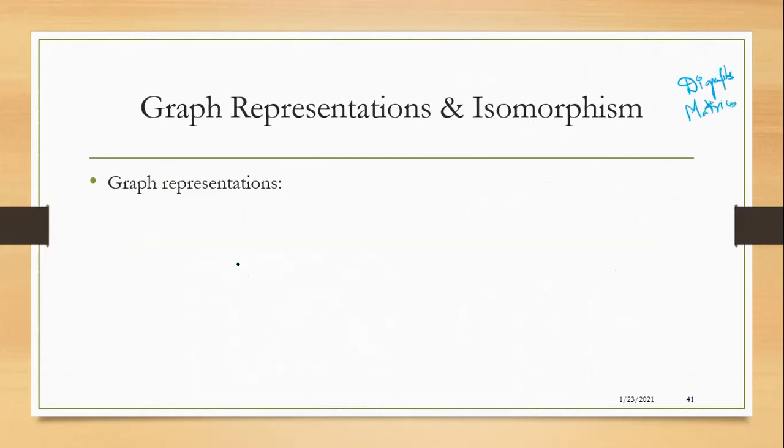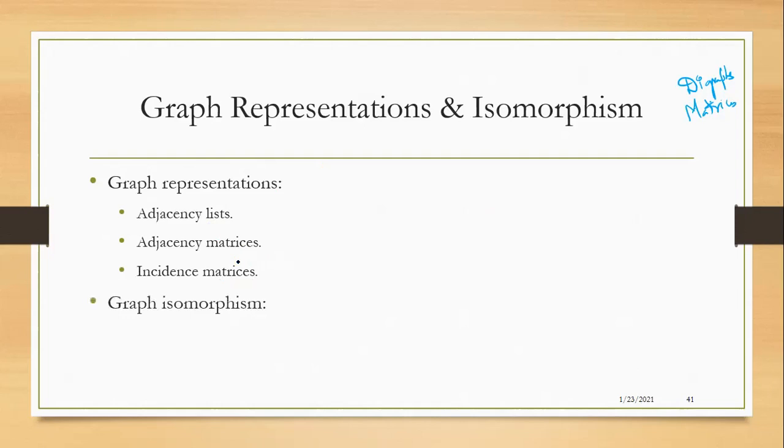Now similarly, how do we represent graphs over here? And we will also see what the term isomorphism means. So a graph is represented by something known as adjacency list, adjacency matrices, and incidence matrices. So there are 3 representations of graph.